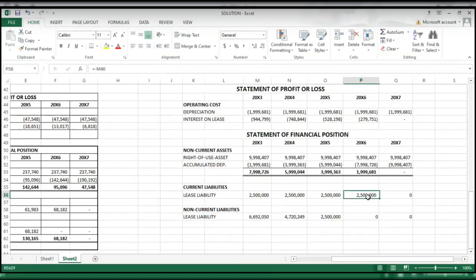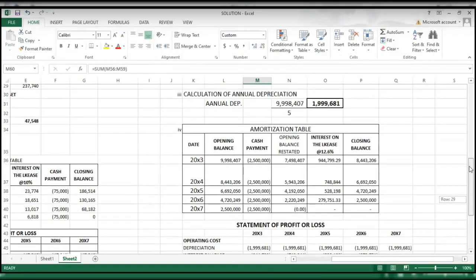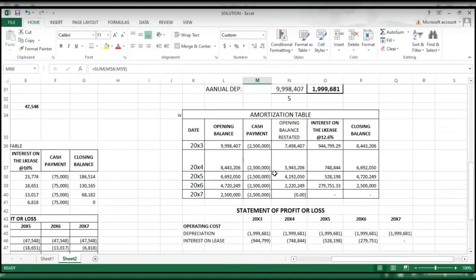So these are what we have in the financial statement, and just like we normally do, we can then total our current and non-current liability to know the total value of the liability that we are supposed to pay. This is the amount payable in a year time.